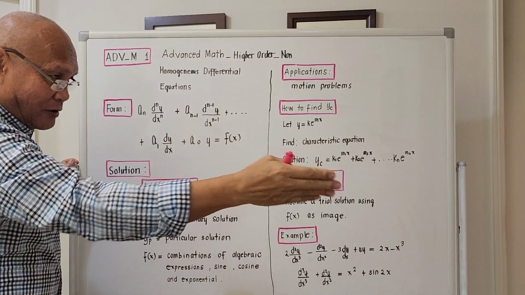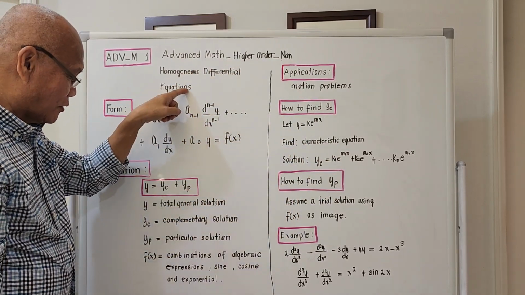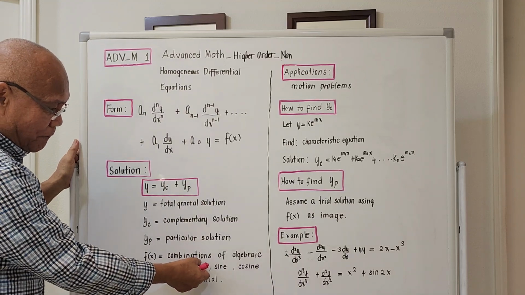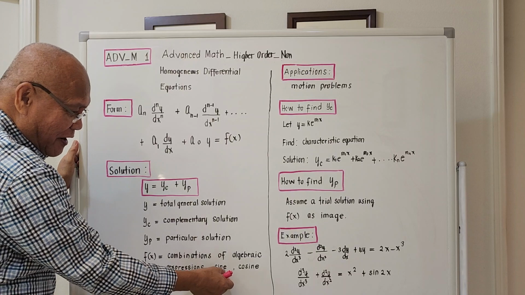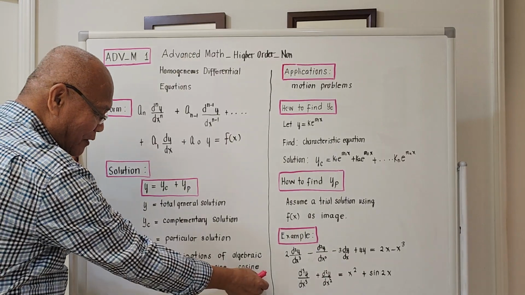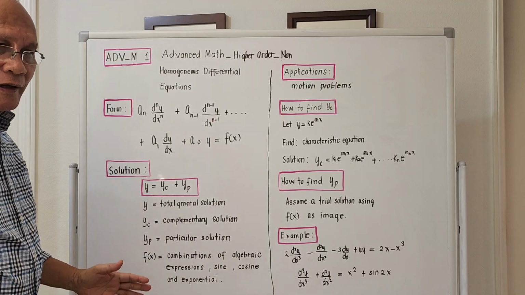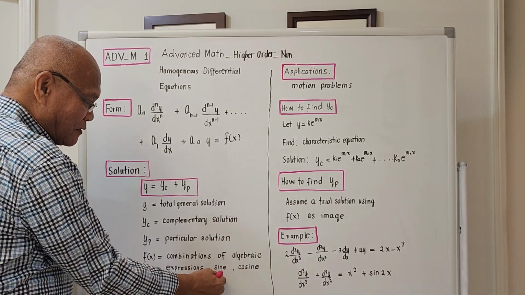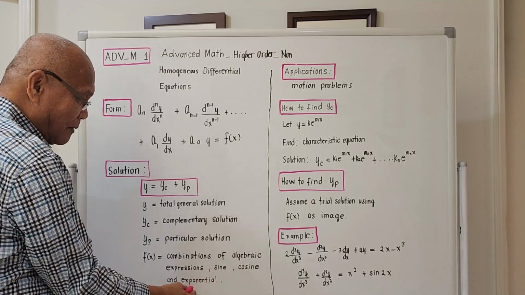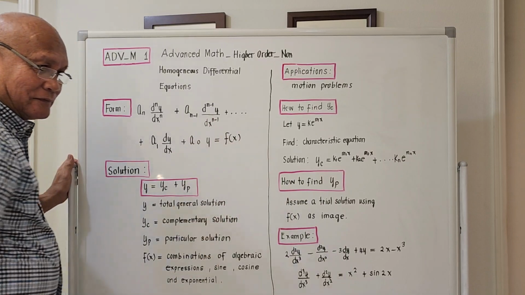Since it is not 0, under non-homogeneous differential equation, it could be combinations of algebraic expressions, sine function, cosine function, or exponential function. Anything of algebraic, sine function, cosine function, or exponential may come out on the right hand side.